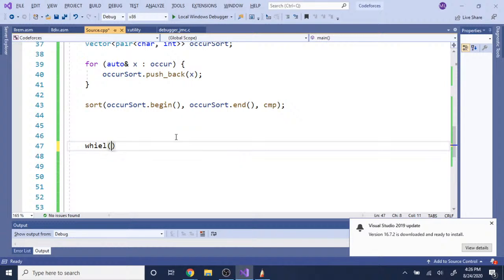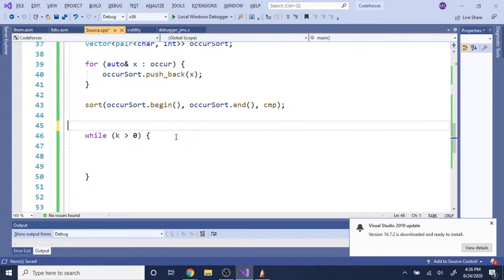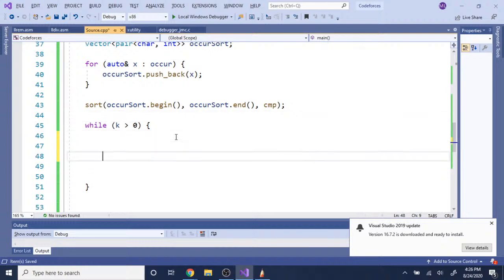So while k is greater than 0, k minus equal to occur sort at beginning. I don't know.